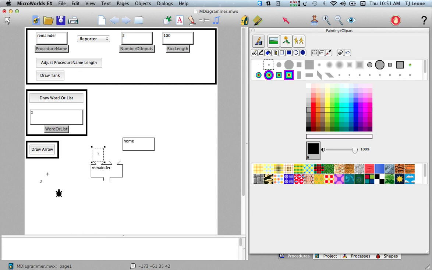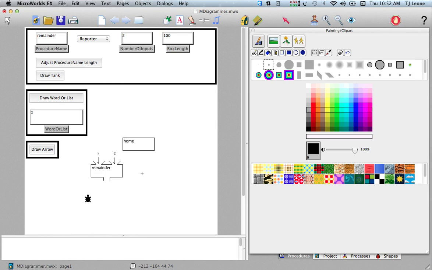So we have a 7 here and a 2 coming in over here. And we can also draw little arrows to show that they're entering the function. So 7 goes in here, and a 2 goes in here.